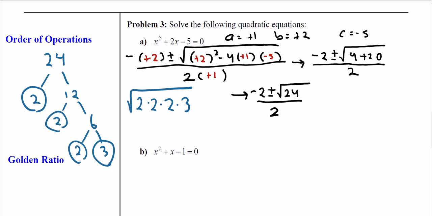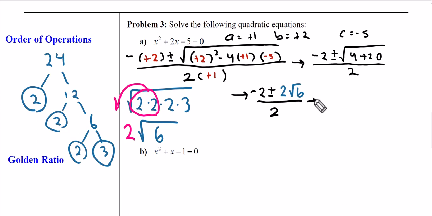This is pre-algebra stuff. This is 7th grade stuff. But I want to remind you, we use this with complex numbers. We're using it again. We're going to use it again in the future. Just want to really drill this into you. We're looking for pairs. Here's a pair of 2's. So I'm going to pull that out. Everything else stays inside. So that's 2 times 3 is 6. So instead of square root of 24, I can put 2 radical 6.